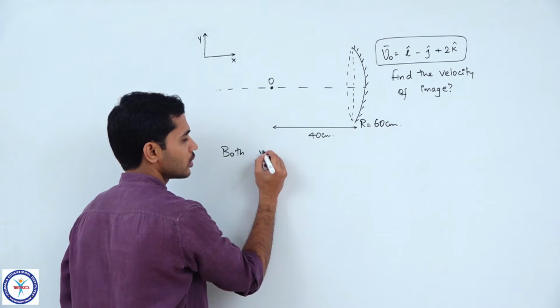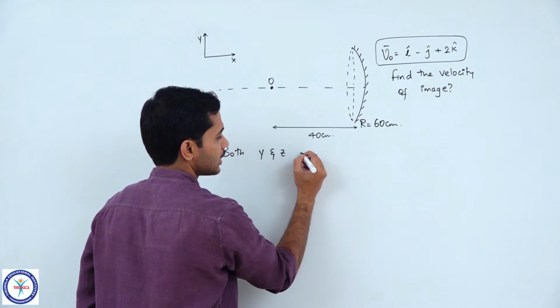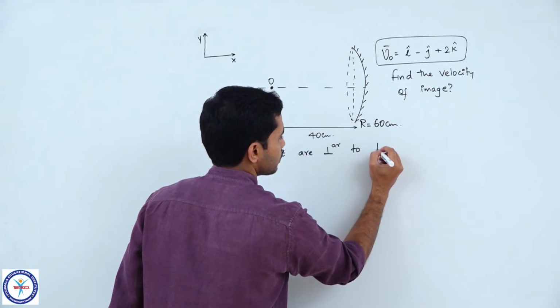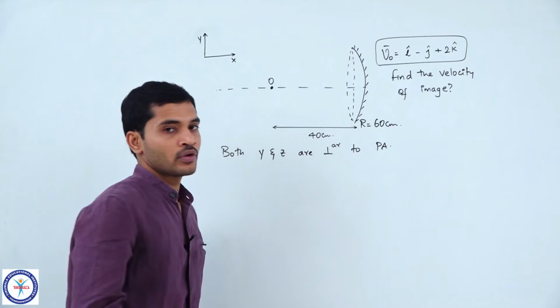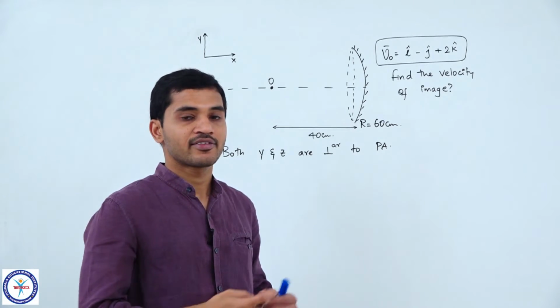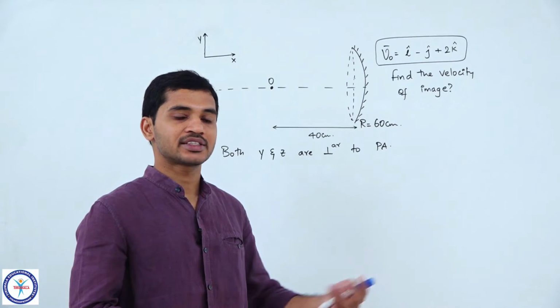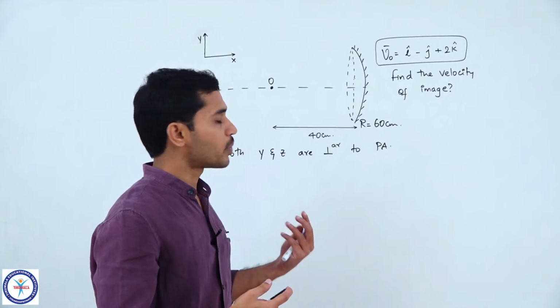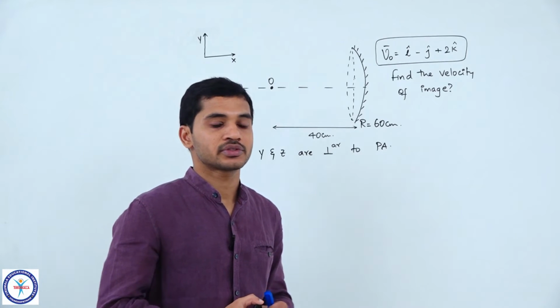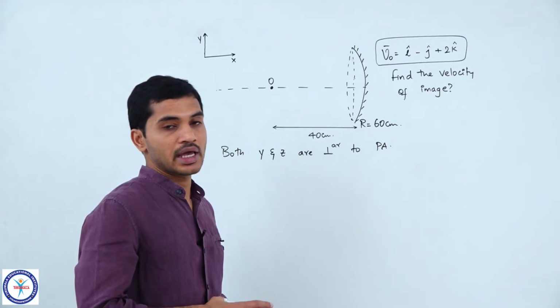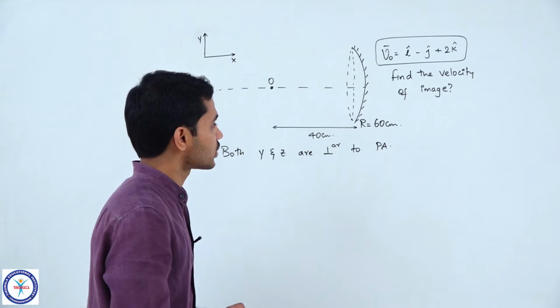So, for finding velocity we know that we have different methods for different directions. Along the principal axis we use minus m square, and for perpendicular to the principal axis we use m. So let us try to find the m value first, the lateral magnification.